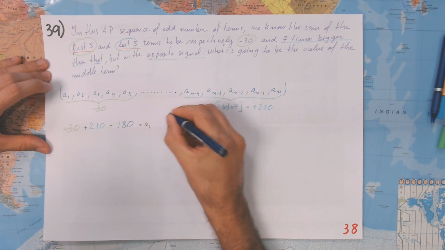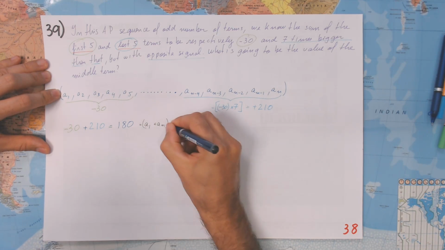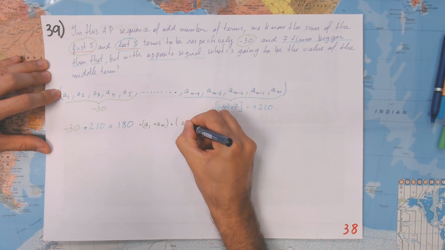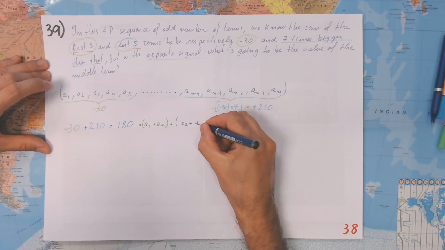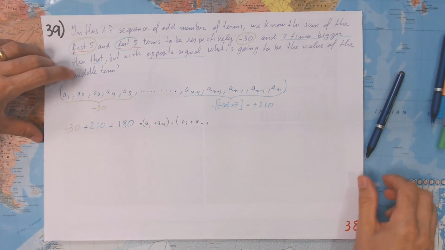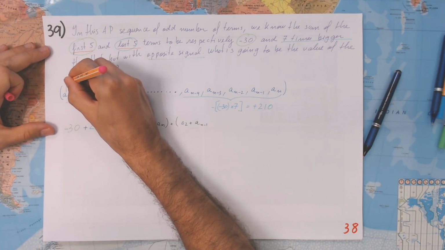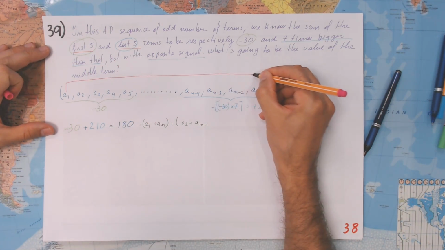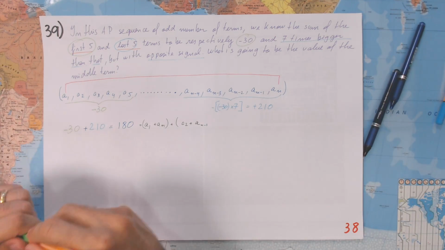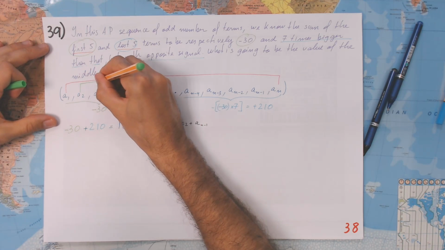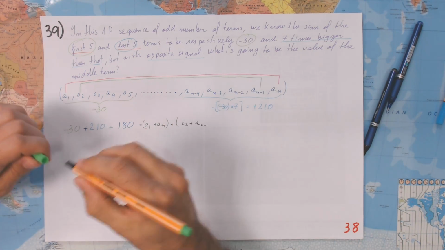If I write like this, A1 plus An plus A2 plus A n minus 1. Look, what I'm doing is this, look. Remember that summation.